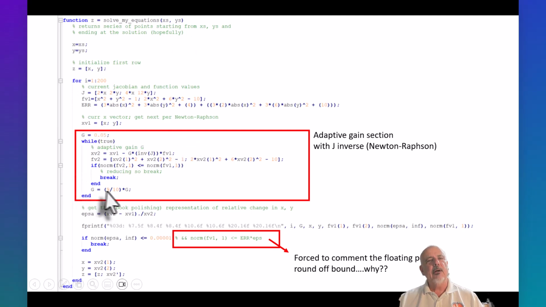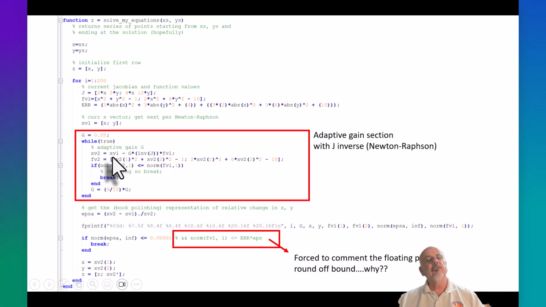Okay, so here's how I modified to solve my equations. I put into the evaluation of the xv2, the j value is really not changing here, and the function value is also not changing because I'm looking for that next iteration, the next xv2.